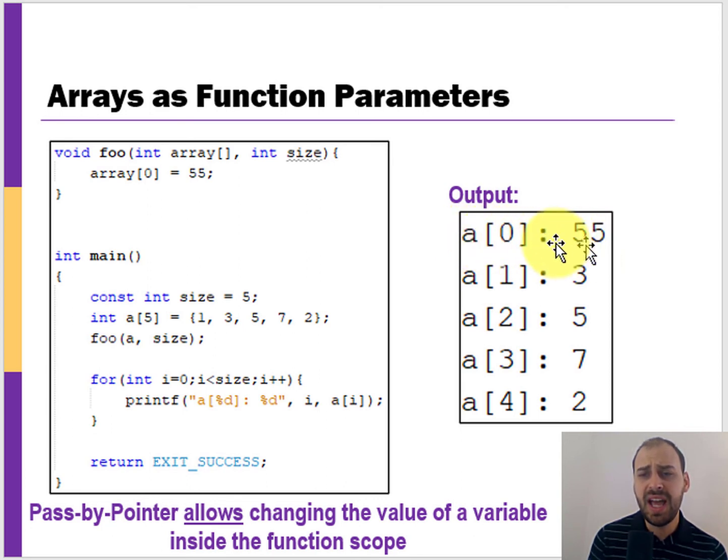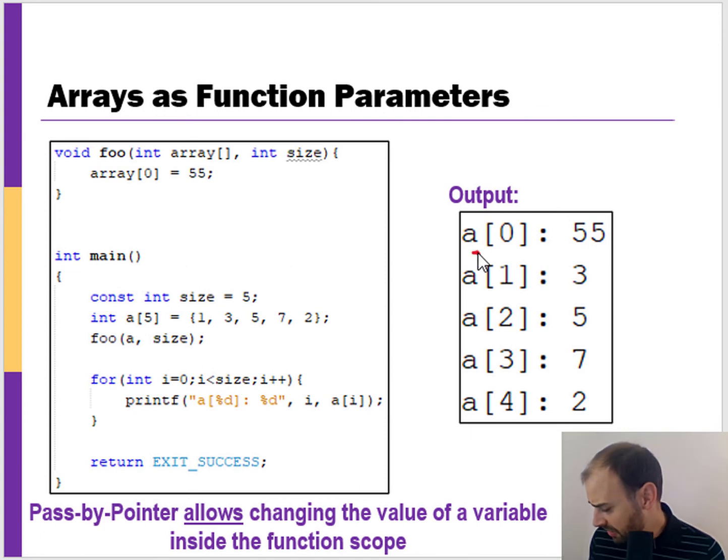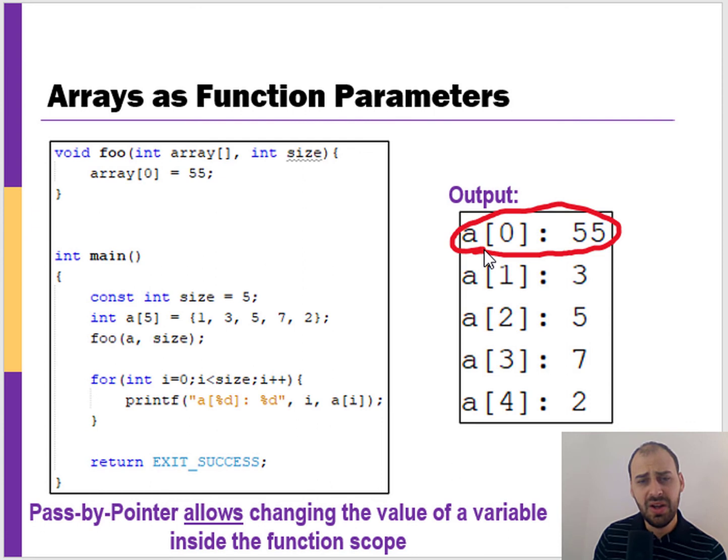But notice that the key thing to point out is how this value here got edited. We initialized it initially to 1, and this is a little dumb function up here; all it did is change that value to 55. Now that looks odd, right? Because the function doesn't return anything.